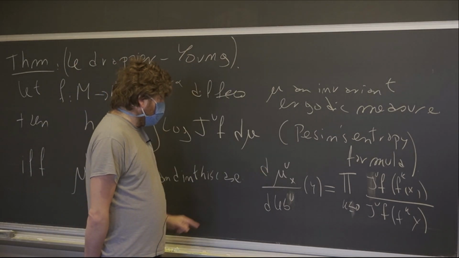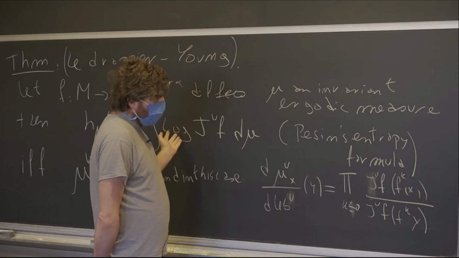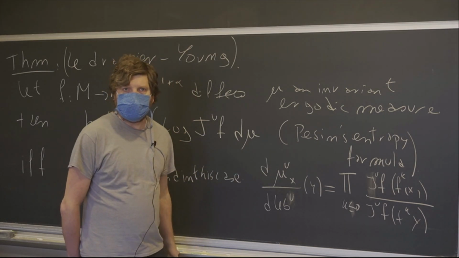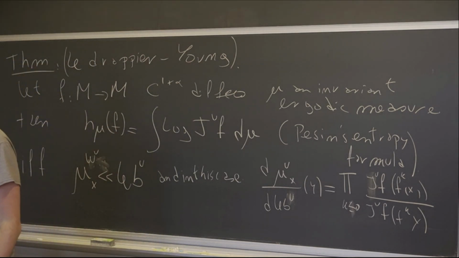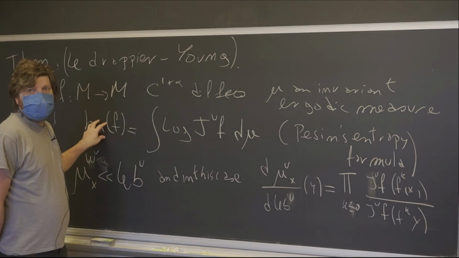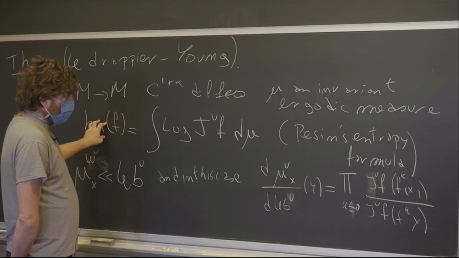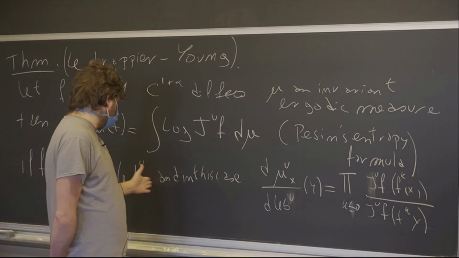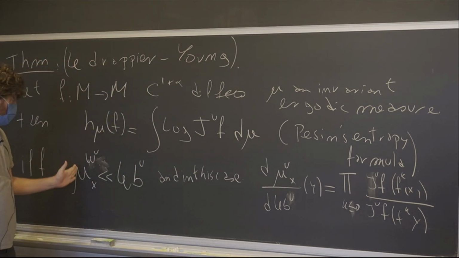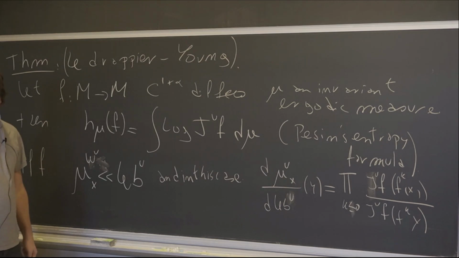Okay, so one implication was essentially Pesin's work, even though Pesin did it when the measure mu is Lebesgue measure, but the same proof by Pesin holds if you assume that the unstable conditionals are absolutely continuous.